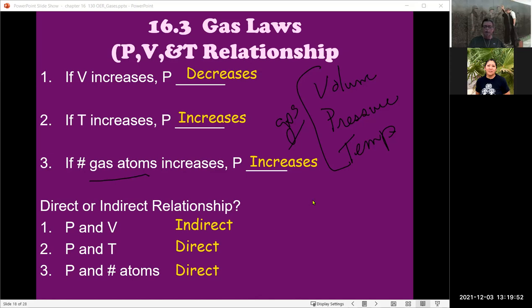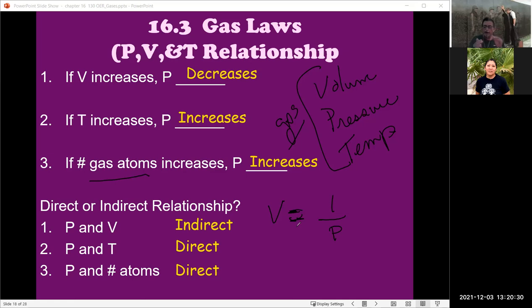So what we can do is let's take the first relationship, in that when the volume increased, the pressure decreased. Okay, so that is an indirect relationship. So we can write an equation to describe that relationship, meaning that the volume is equal to 1 over the pressure, because the pressure decreases, an indirect relationship.